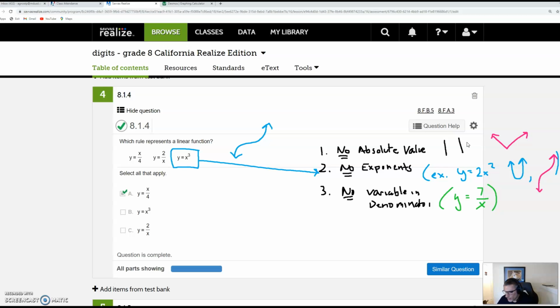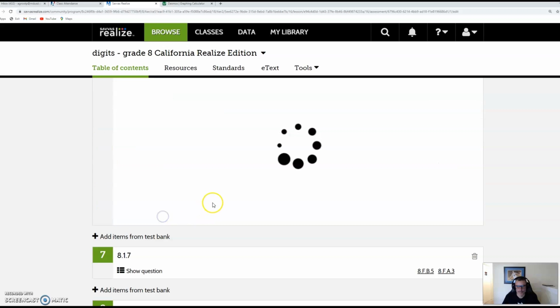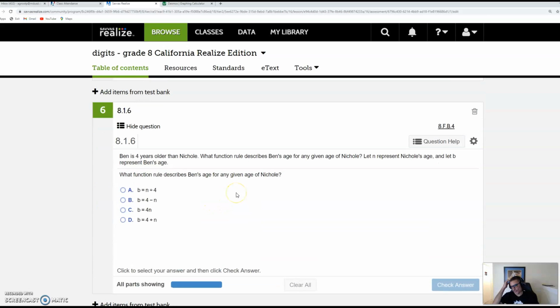All right, the last problem I'm going to go over is number 6. In this unit, we're going to start looking at actually using these equations, what we're now calling function rules, to represent things. So they just give us a little story here, and we want to write an equation that represents what's being said in the story.